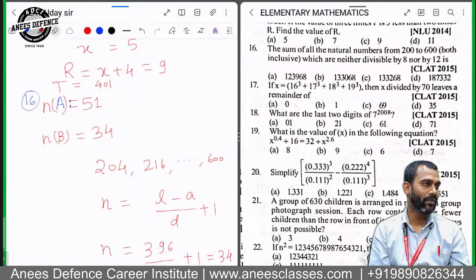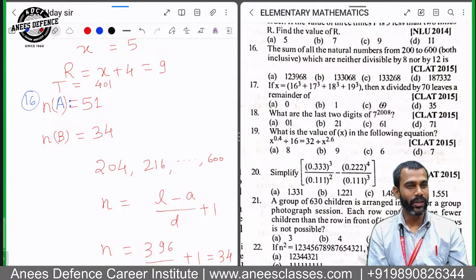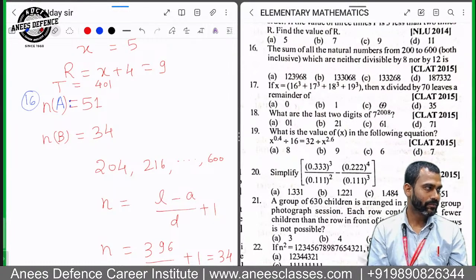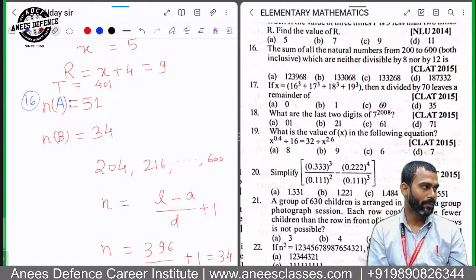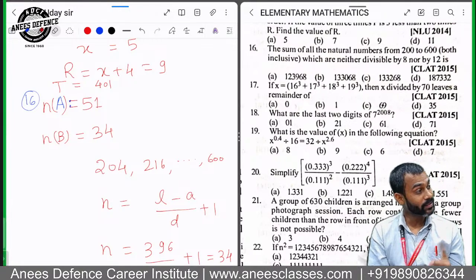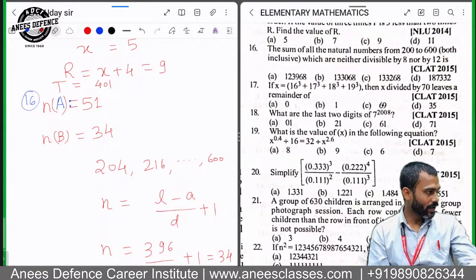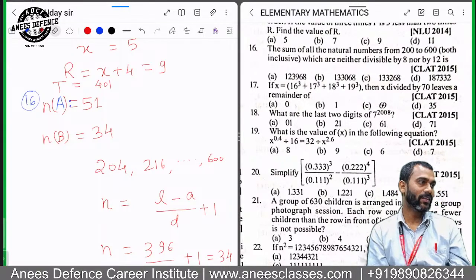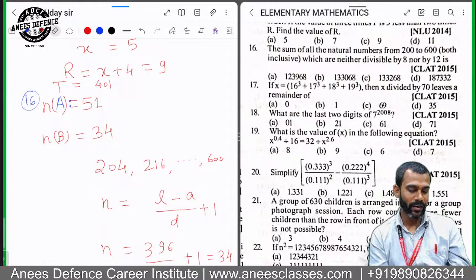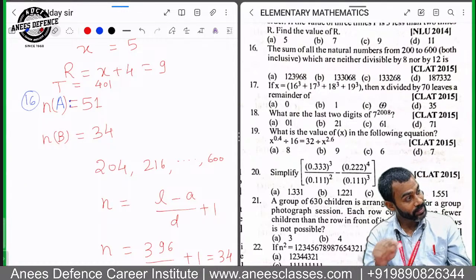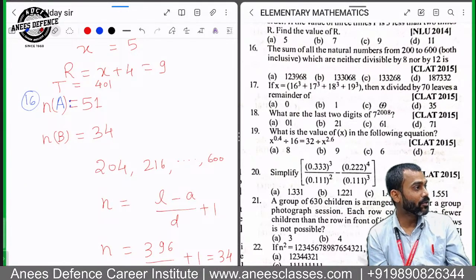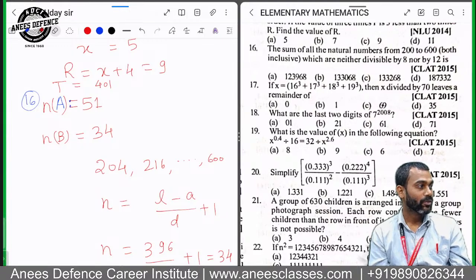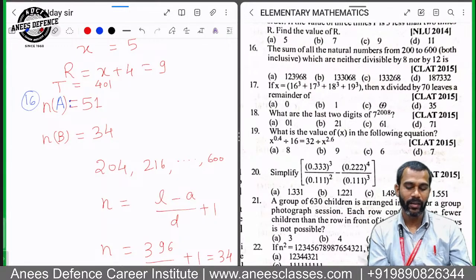Do you know the table of 24? 24 into 8 is 192. 8 is the remainder, so in order to get a remainder of 0, we have to add 16 more. So 216 is the first number which is completely divisible by 24.